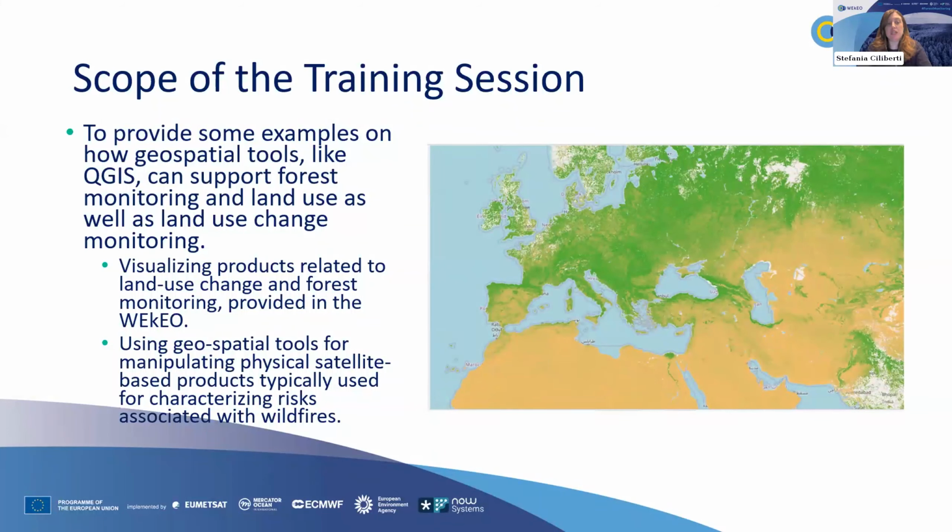Particularly, this training had the main focus on visualizing the products related to land use change and forest monitoring, accessing the variables that are supporting in this sense, and providing a very short overview about the potentiality of QGIS in analyzing this kind of geospatial data.